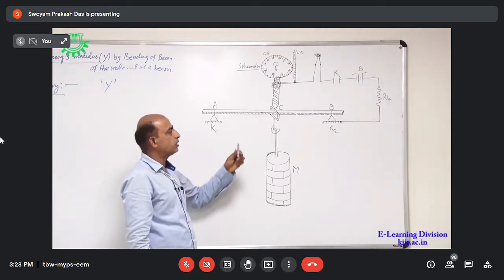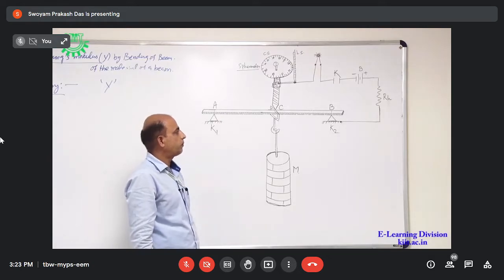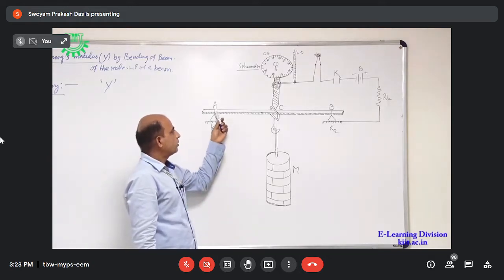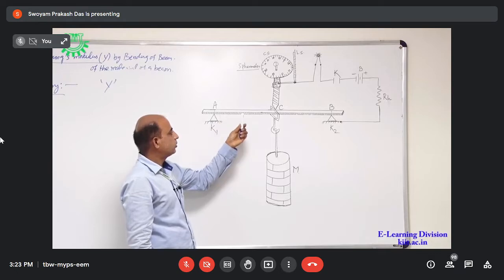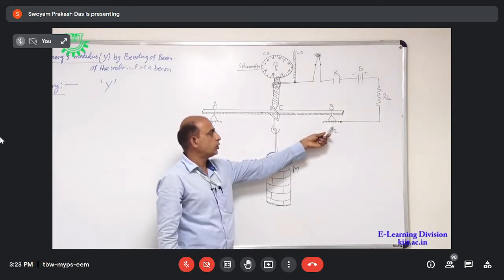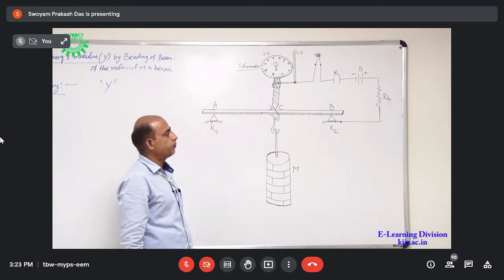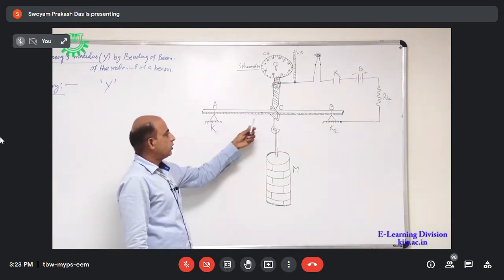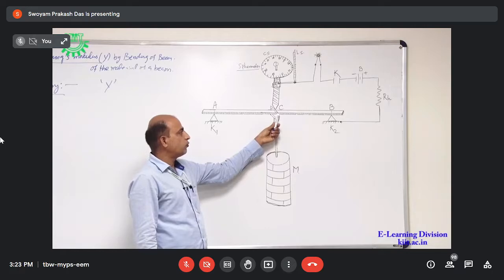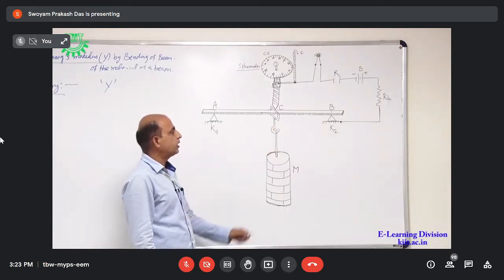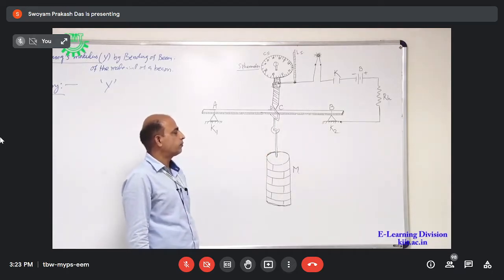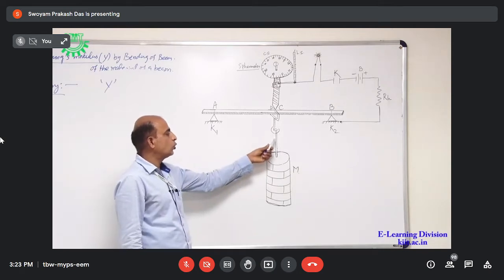It is kept exactly horizontal. At the two ends, these two knife edges are present, and it is placed symmetrically. Exactly at the middle of this beam, it carries a small hanger to which some load is given.